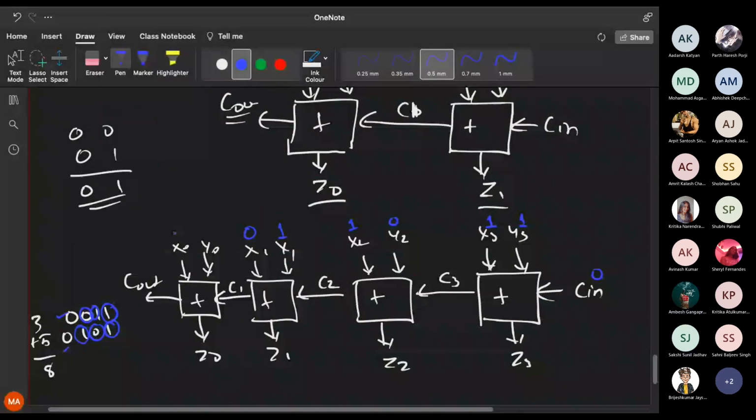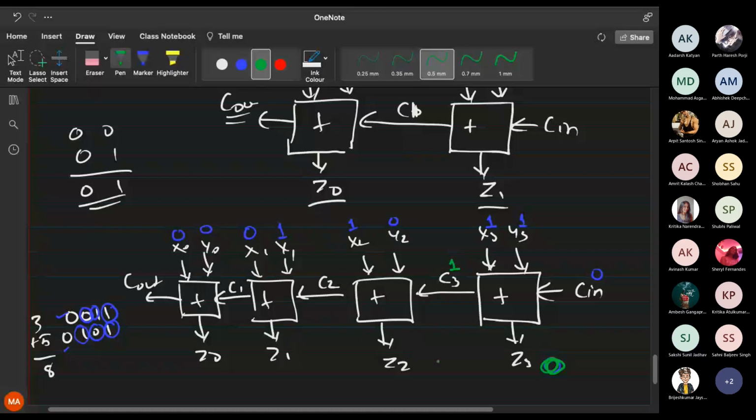Now tell me, 0 plus 1 plus 1, what is the value of Z3? It is 0. What about the carry that it will generate? I'll use some other color, that would be much better. The output is 0 in this case, and the carry will be 1. Then 1 plus 0 plus 1 gives the output again 0 with a carry.